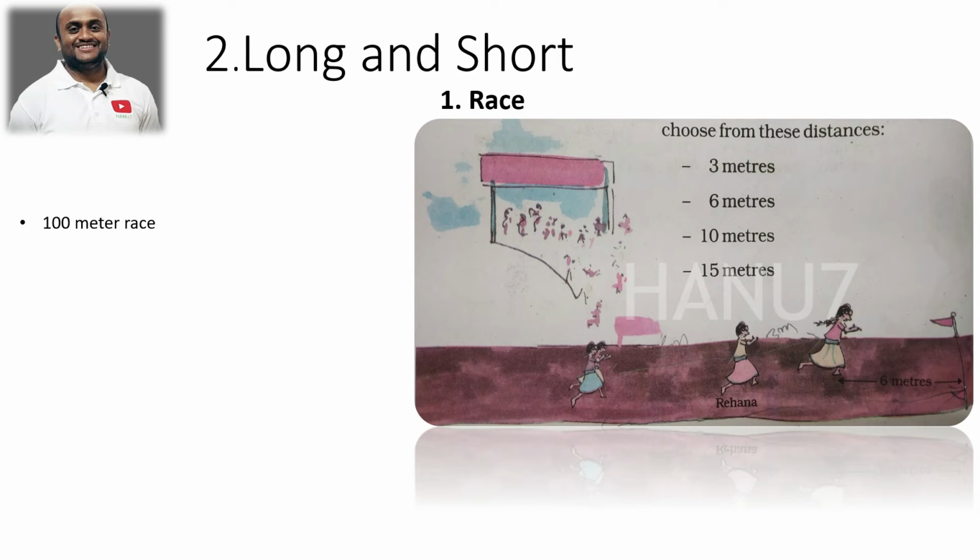Now coming to long and short, in the same topic, same chapter, we have a race. An inter-school sports meet is there, and in that we have a race. The race is 100 meters. There are 4 people participating: Arundhati, Rehana, Konkana and Huma.